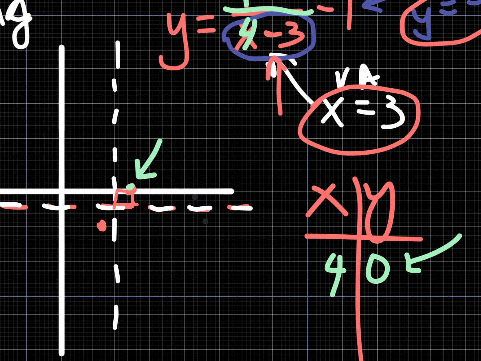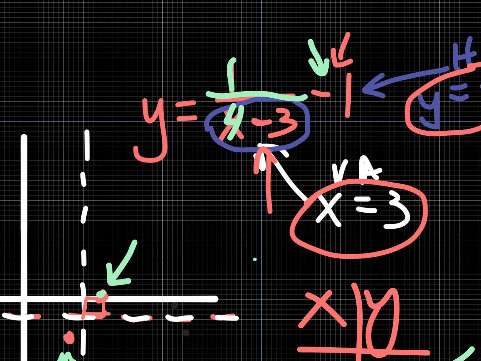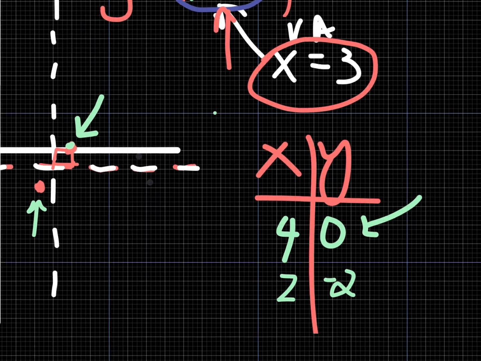And the other point that's down here in the lower left, see it's upper right and lower left, that point is at 2 comma -2. Let's see if it actually makes sense. If I put in a 2 right here, instead of the 4 that was there, then I have 1 over 2 minus 3, and 2 minus 3 is -1. 1 over -1 is -1. -1 minus 1 makes -2.